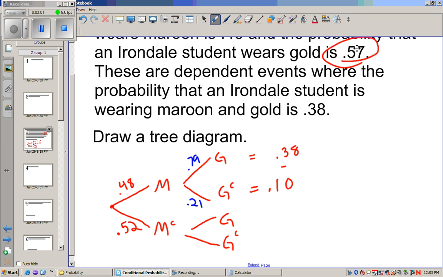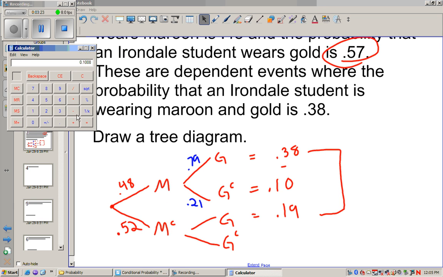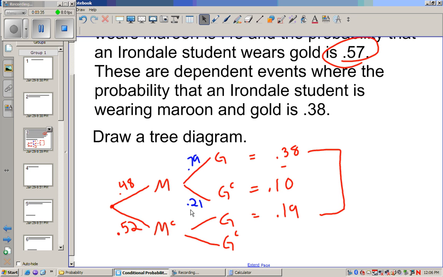Now here we need to think about this. The two golds have to add up to 0.57. So if I take this and subtract it from 0.57, I'll get 0.19. Now if I want to find the probability that we're in gold given the fact that they're not wearing maroon, I take 0.19 divided by 0.52, and that's about 0.365, so let's say 0.37.